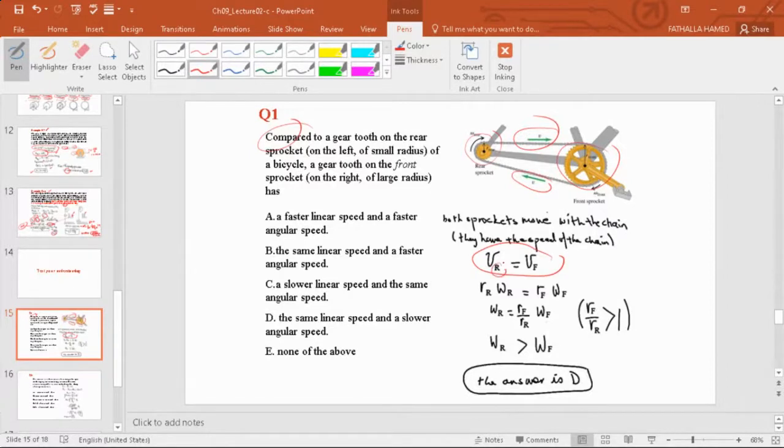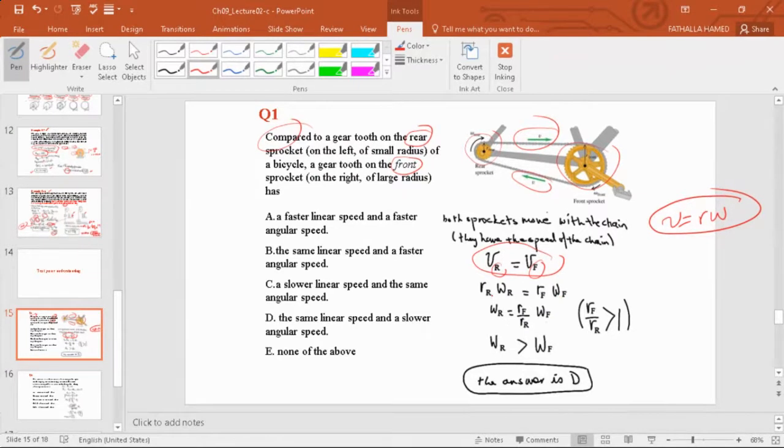R here means rear, the back, and F here means the front. So we use this subscript. You know that v is equal to r omega. So the rear will be r rear omega rear, and the front will be r front omega front.